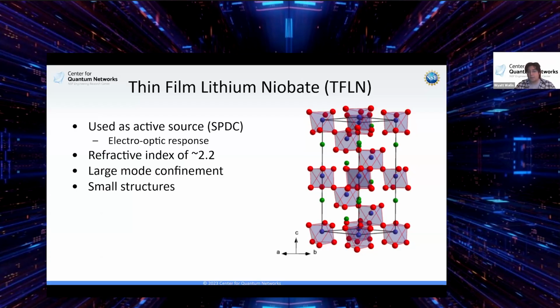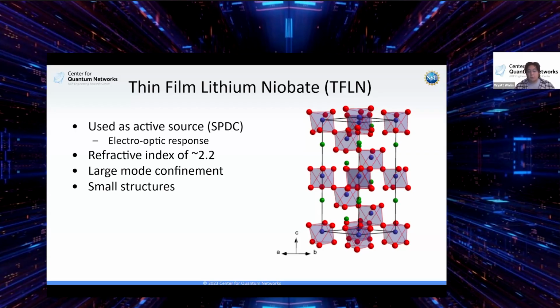And that is why this is a really good active source for SPDC. When they are not symmetric molecules, that lends itself to a larger second order response. That's really where the second order response comes from: there's an inherent polarization in the molecule.